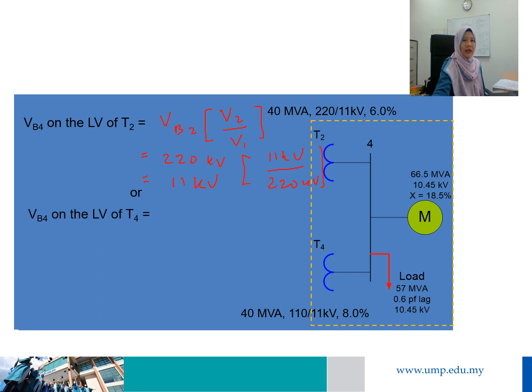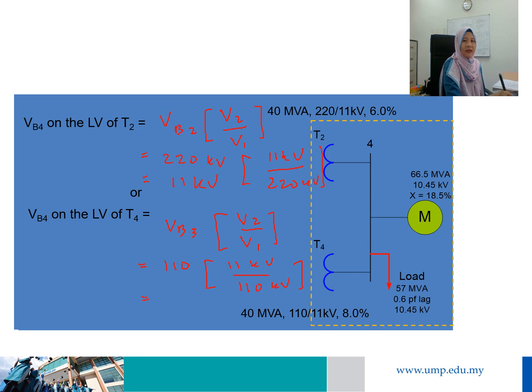Similarly, we can also calculate the base voltage for region number 4 on the low voltage side of T4, which is equal to V base 3, the base voltage from region number 3, multiplied by the secondary voltage of transformer T4 divided by the primary voltage of transformer T4. So the base voltage for region 3 is 110 kV, multiplied by 11 kV, divided by 110 kV.